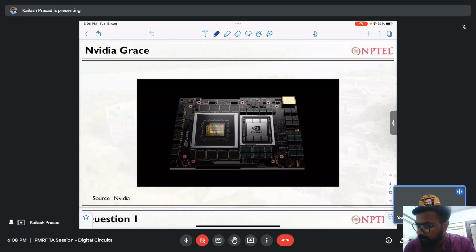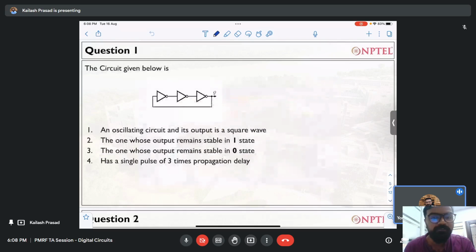Okay, so let's start with the very first question which we have, and please note that this is one of the basic circuits which can be available in semiconductors, in VLSI. Anybody knows what this circuit is called?